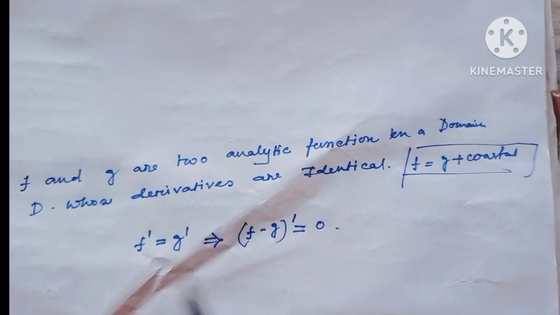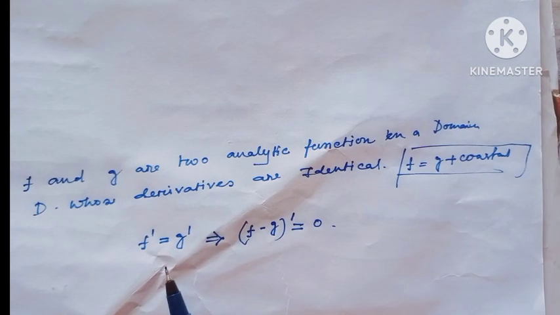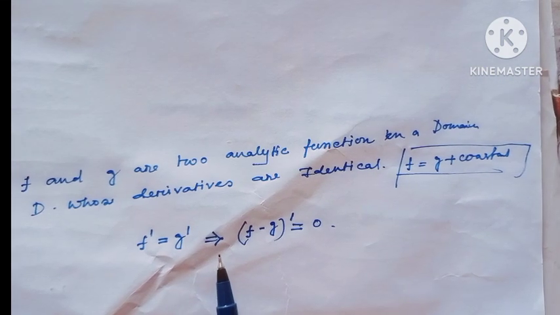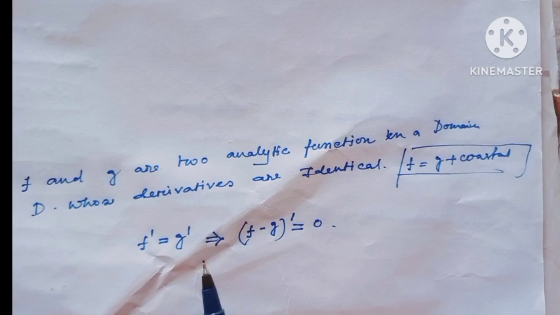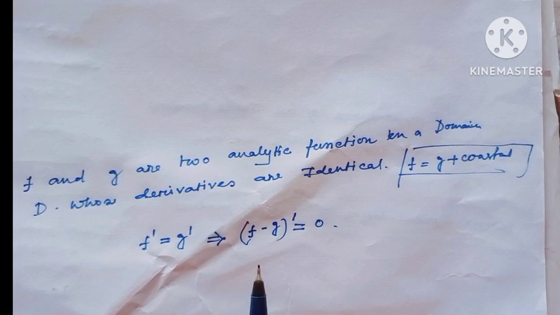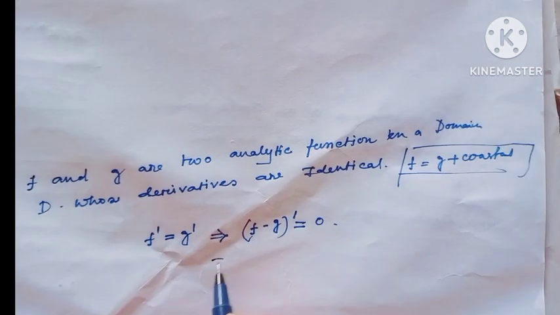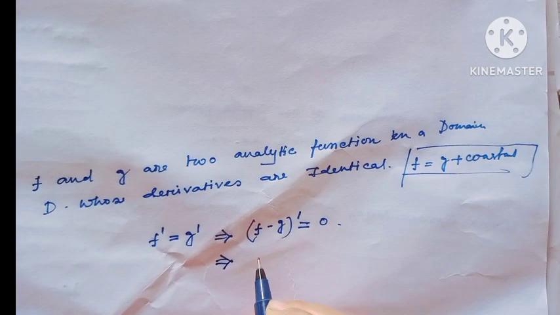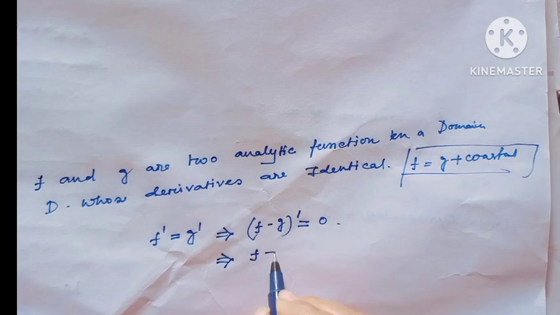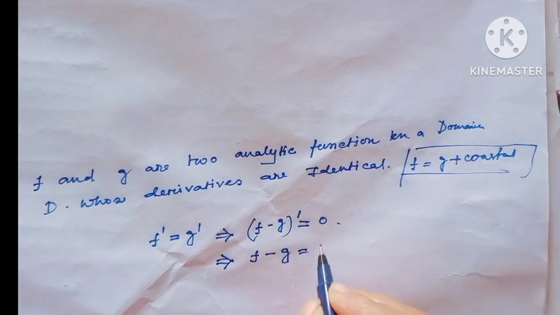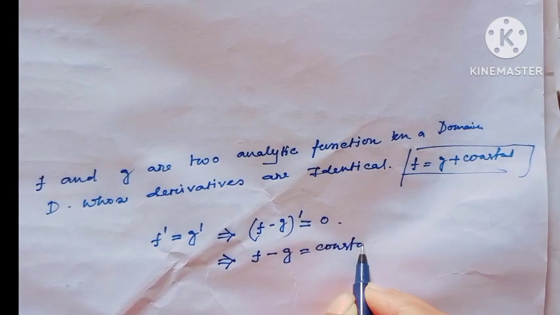Here the derivatives are identical, that means f prime equal to g prime, that implies f prime minus g prime equal to 0, that means f minus g equal to constant.